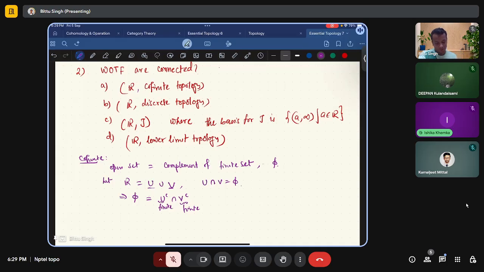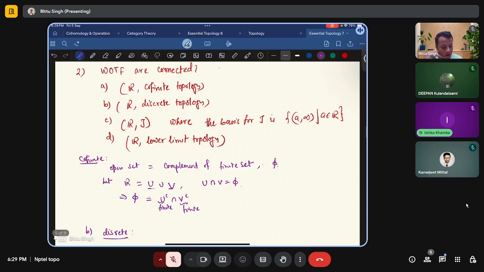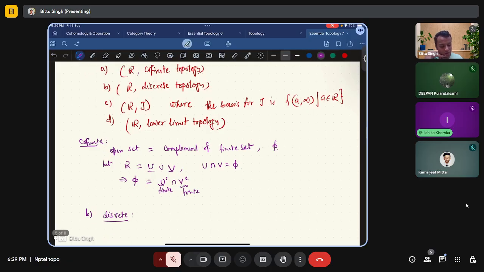Okay, let us try other options. For example, what will happen for the discrete topology? If we assume R with the discrete topology, then R can be broken into two disjoint open sets. Take minus infinity comma 0, and take closed 0 comma infinity.